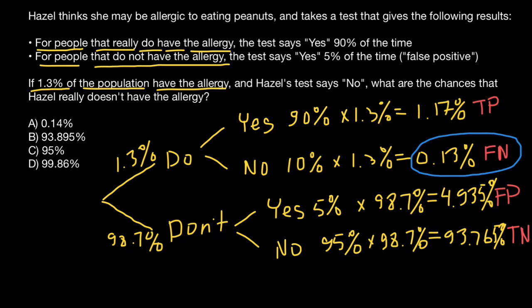And we also have true negative people who make 93.765%, who don't have allergy, and the test shows that they do not have allergy.